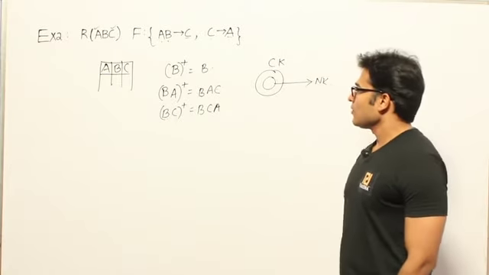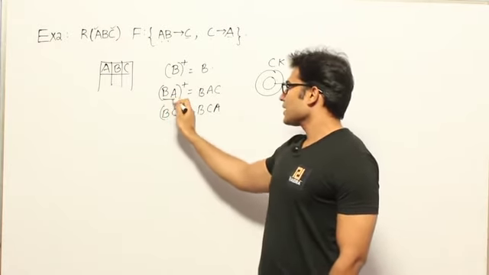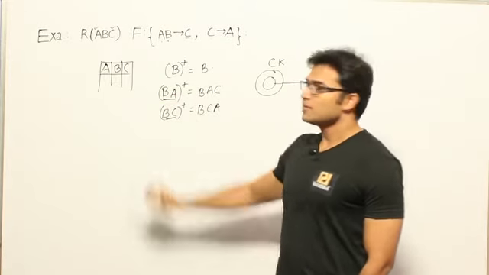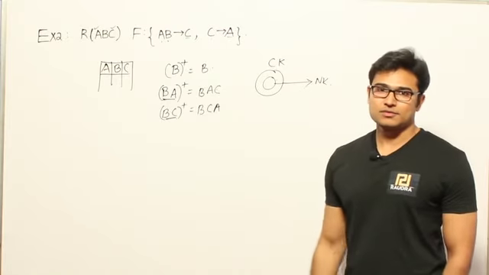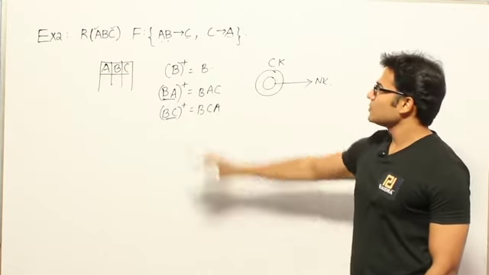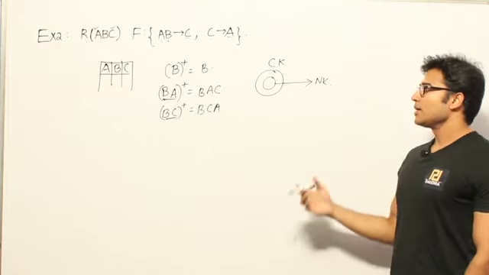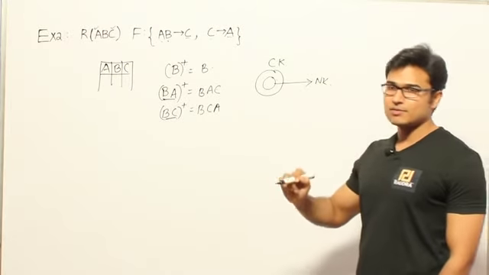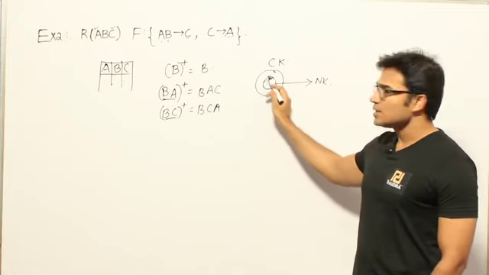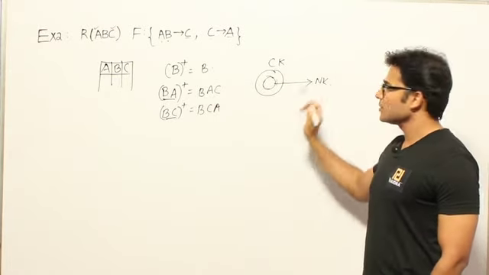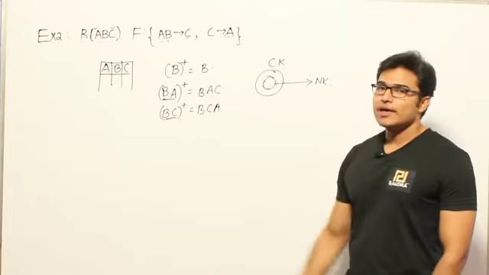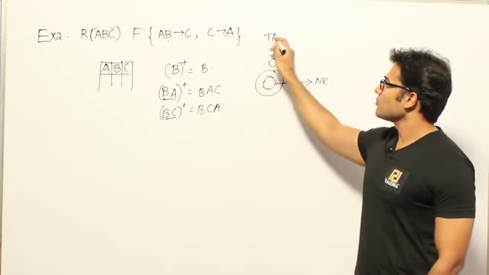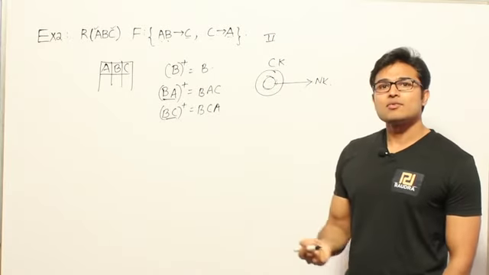Okay. Now, since BA is a candidate key as well as BC is a candidate key, all the attributes A, B, C are key attributes. Got it? So when all the attributes are key attributes, there cannot be any partial dependency. Partial dependency arises when part of a key is determining a non-key attribute, but there are no non-key attributes at all. Got it? Therefore, the table is in second normal form. Now, what about third normal form?